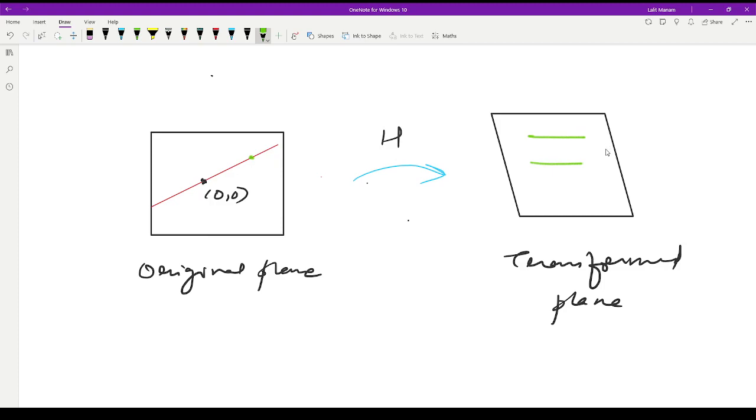so first we'll look at the original space, not the transform space. Fine. So how is the origin defined in the original space? In P2 we'll write it as 0, 0, 1, right?